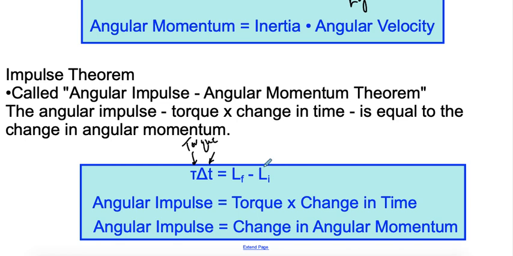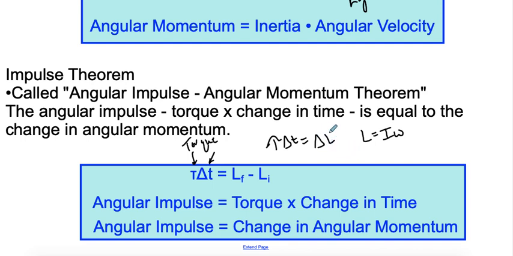Okay, so some other ways that we could write this: torque delta T equals change in angular momentum. And if we remember, angular momentum from up above is equal to I omega, which is your angular velocity.